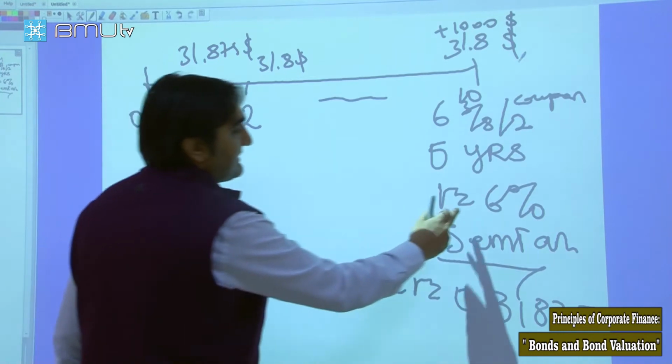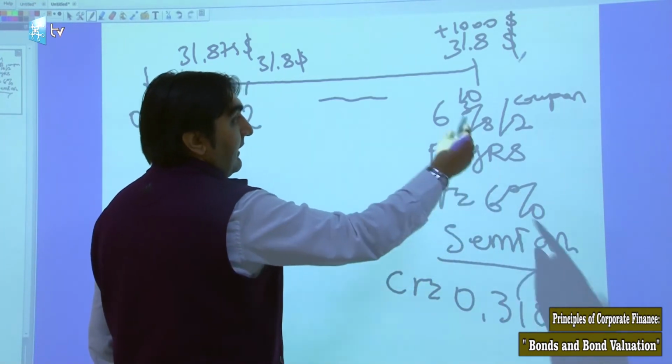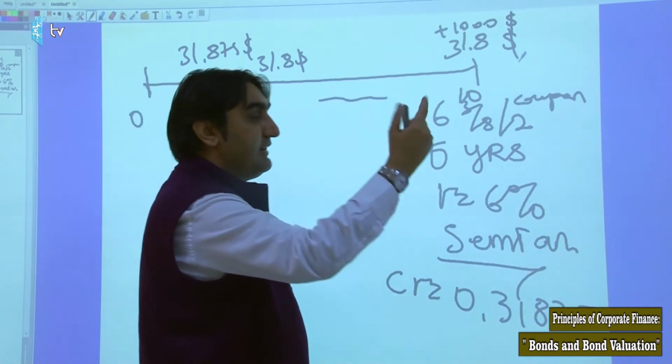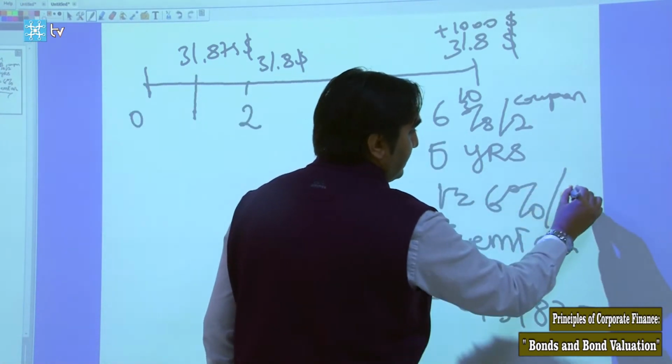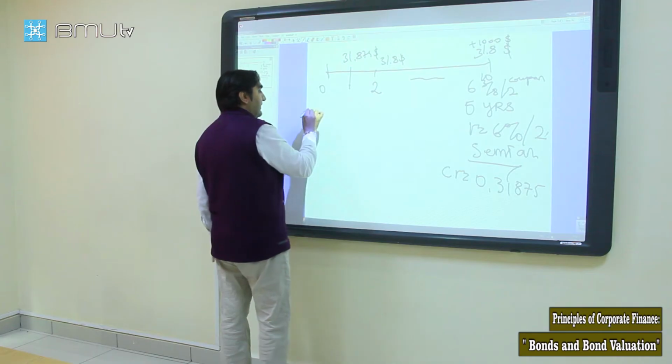And the rate is 6%. Again, this is expressed per year. Since payments are in semi-annual periods, we divide this by 2 and get the periodic yield to maturity.